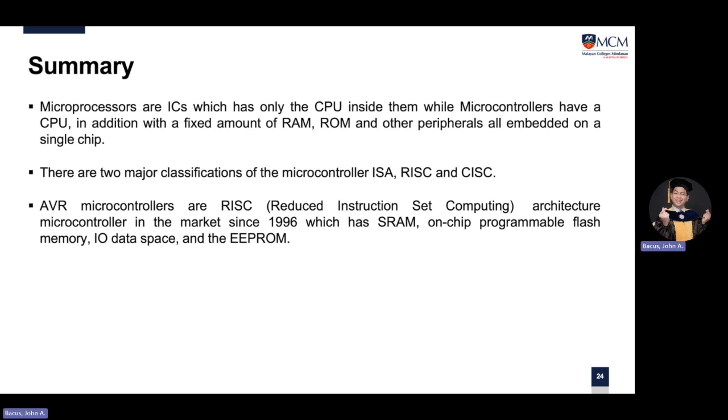It is a RISC architecture microcontroller in the market since 1996, which has SRAM and on-chip programmable flash memory. We also have I/O data space and the EEPROM. What's an EEPROM? EEPROM is an electrically erasable programmable read-only memory.